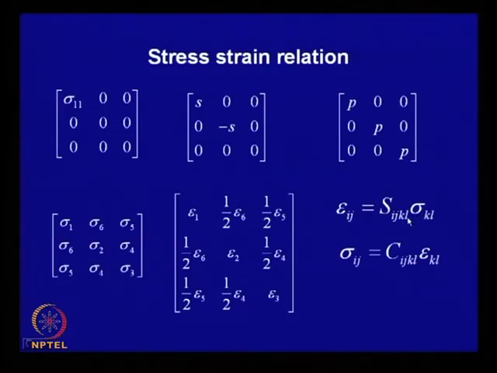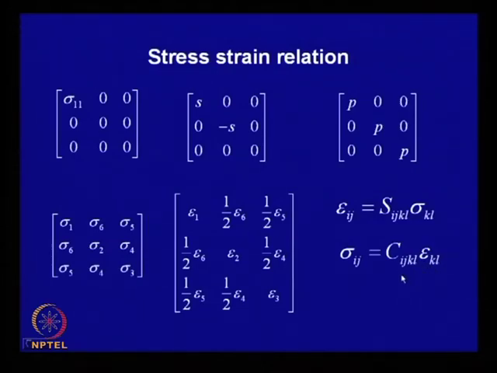See, i, j, k, l change from 1 to 3, and wherever these indices are repeated, like k appears here, k appears here, this represents summation over k, with k extending from 1 to 3. Similarly, l extending from 1 to 3. Similarly, you will have exactly the same thing here also.